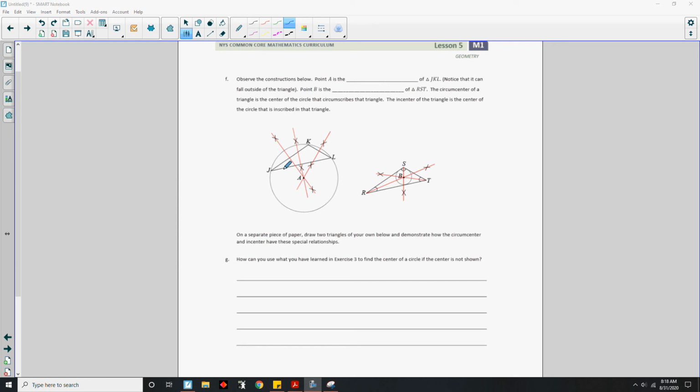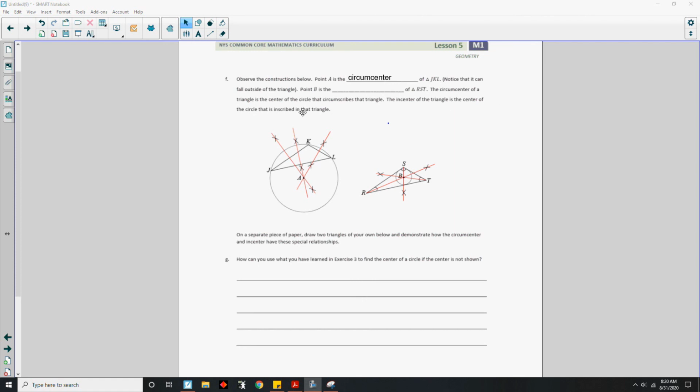And this one is the perpendicular bisector of side JL. So we have 3 perpendicular bisectors intersecting at the same point. It's outside the triangle, just like on page 1 of this lesson. And so point A is the blank of triangle JKL, and it is the circumcenter. Notice that it can fall outside of the triangle, which it did here.